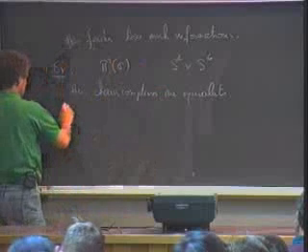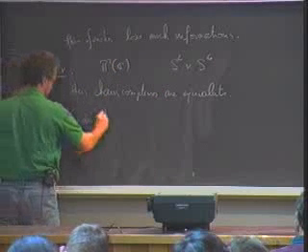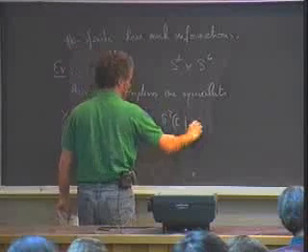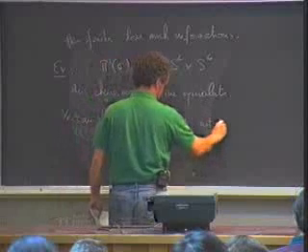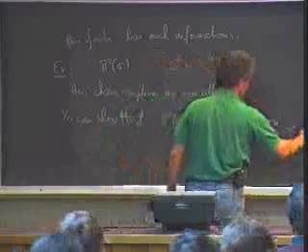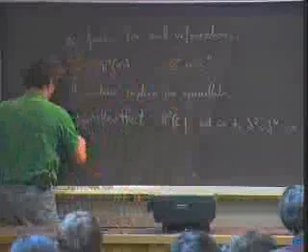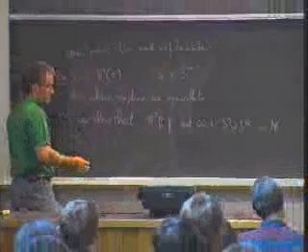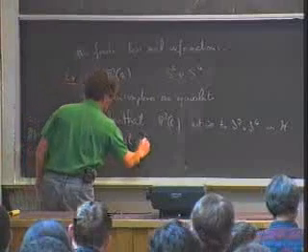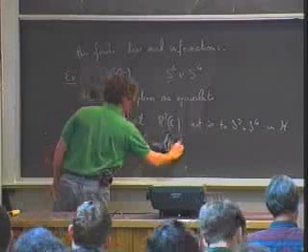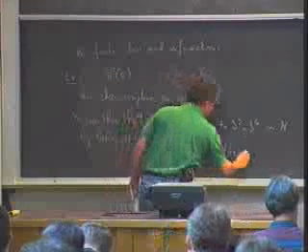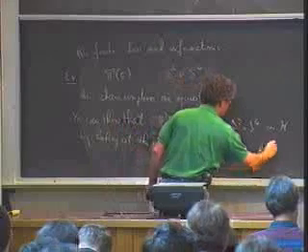Then you can show that this one is not isomorphic to this one in the homotopy category by looking at the multiplicative structure on cohomology, for example. And I will take mod 2 singular cohomology.